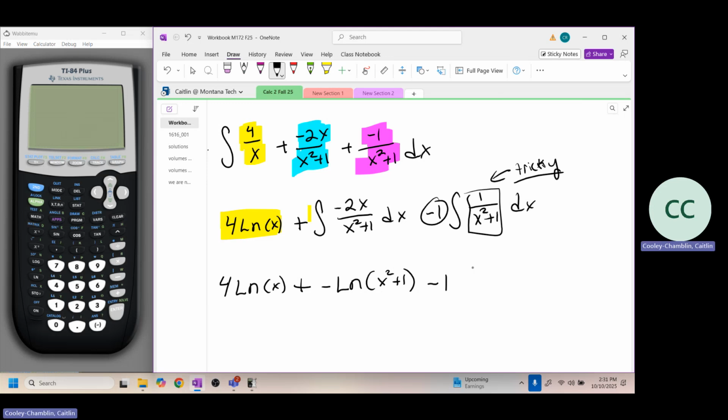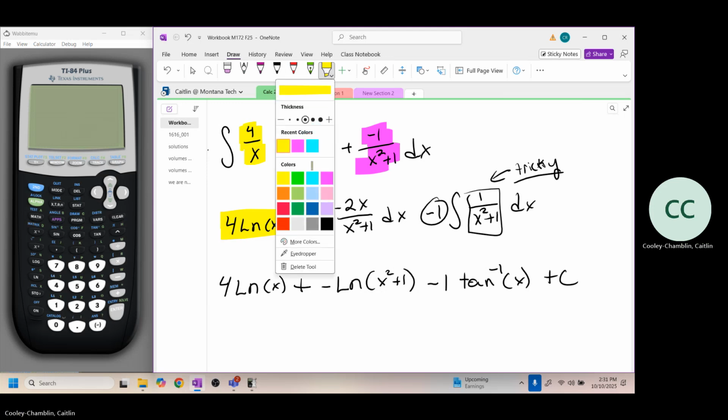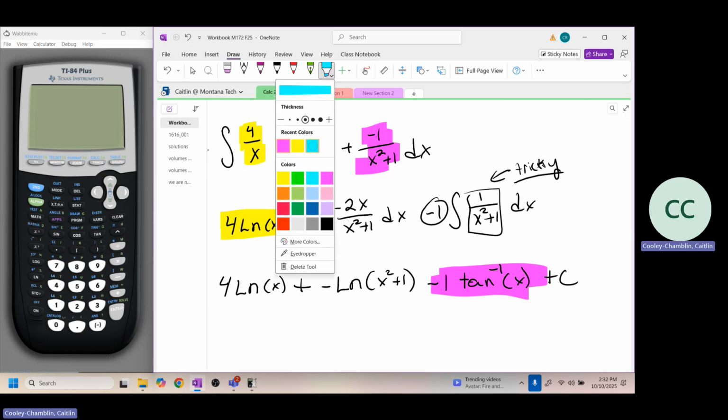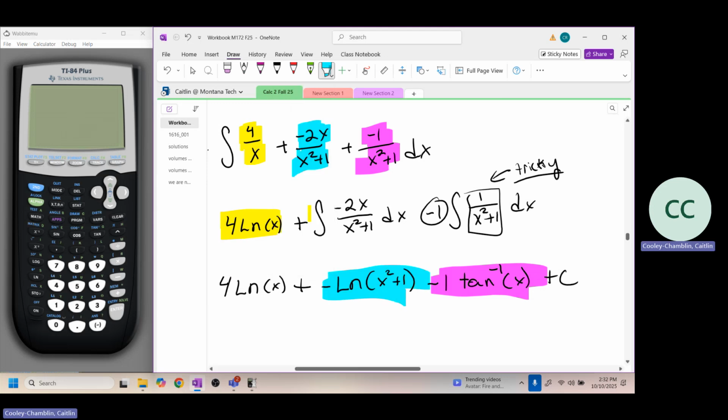Now this piece is inverse tan, so tan inverse of x, and we're done, plus c. So this is my purple integral, this is my blue integral, and this was my yellow integral.